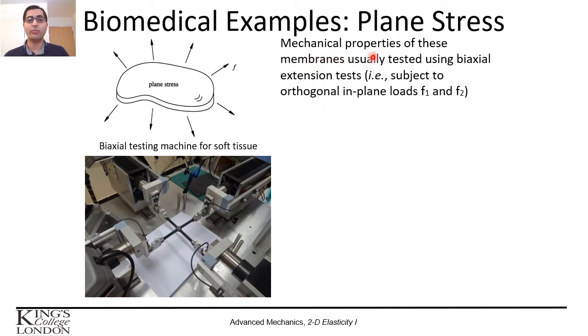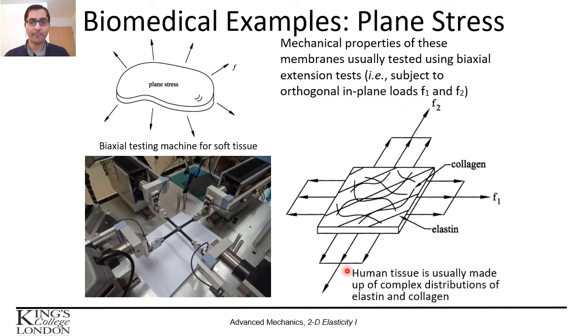Mechanical properties of these membranes are usually tested using biaxial extension tests, meaning that the sample is subject to orthogonal in-plane loads F1 and F2 that you see here. So basically, human tissue is placed at the center of the test machine.